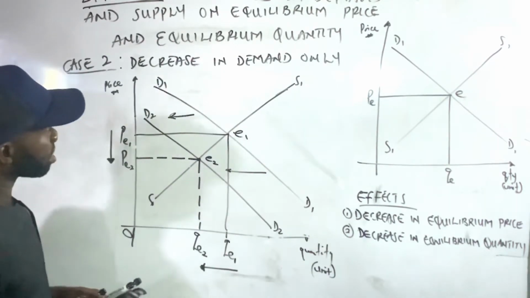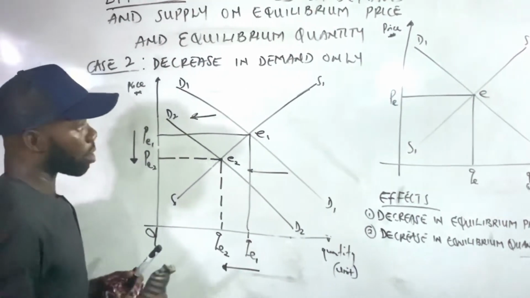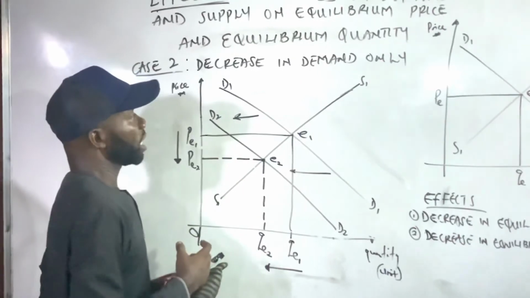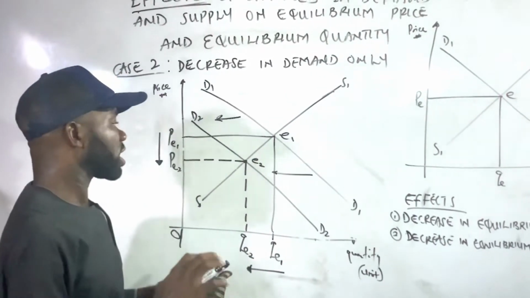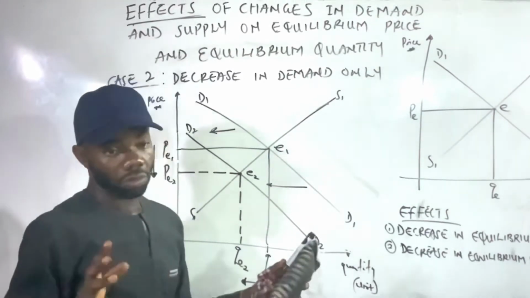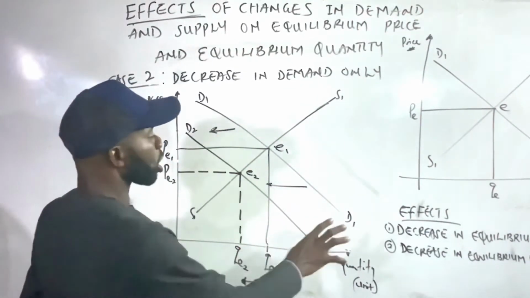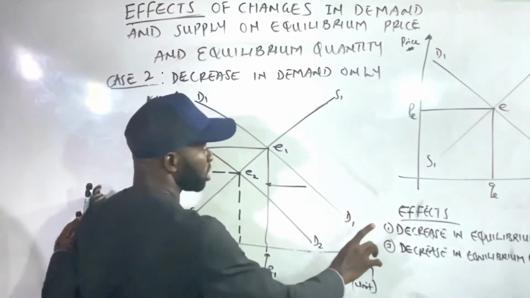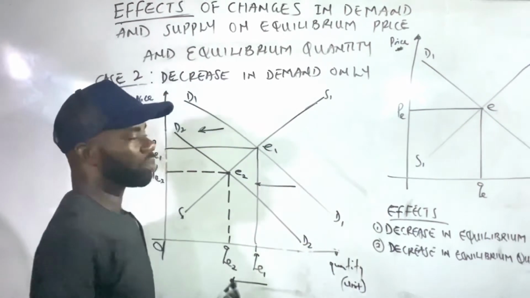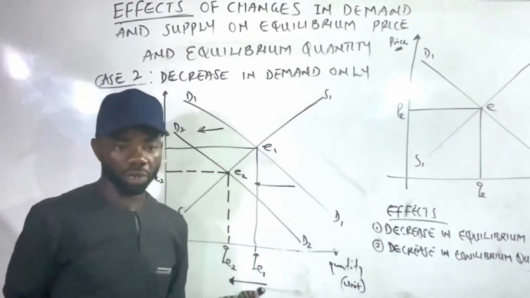So every student who gets into the exam hall and you have a question like, a decrease in demand without a change in supply will lead to dash. The correct option for that kind of question is a decrease in both equilibrium price and quantity.